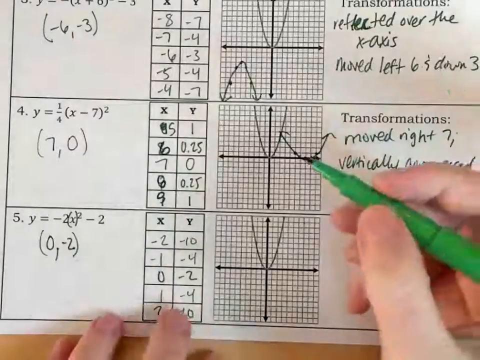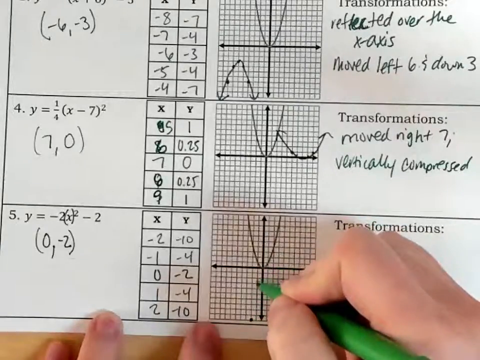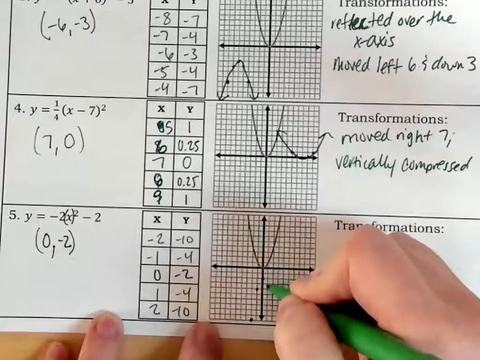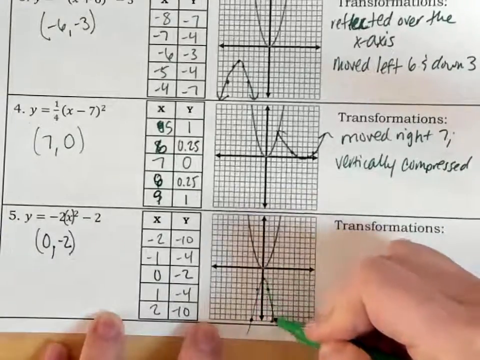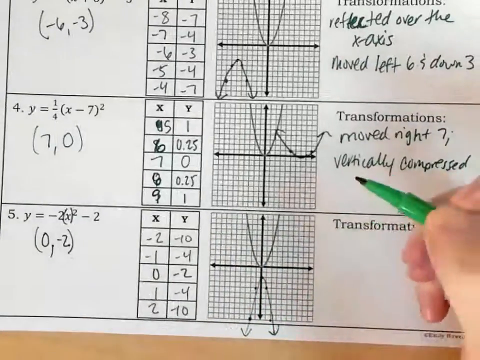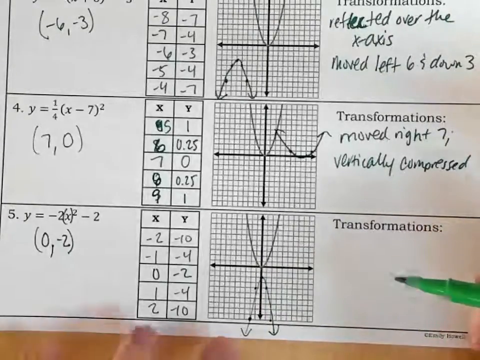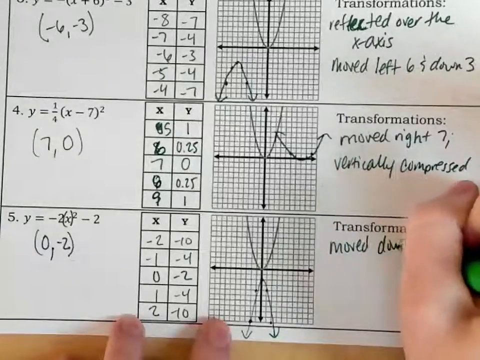So when we graph it, we have -2, -10, -1, -4, 0, -2, 1, -4, and 2, -10, and that makes for this right here. And it's exactly like what we thought, although it's a little bit tricky to see that scale. It has moved down 2.